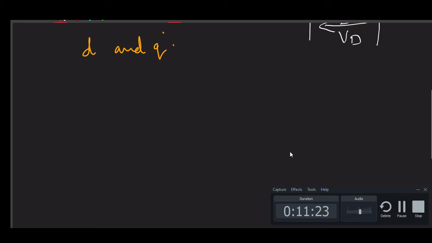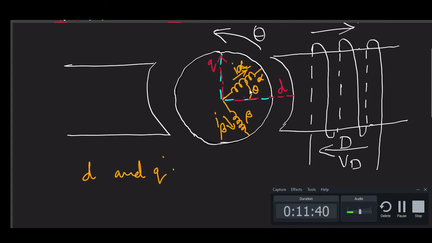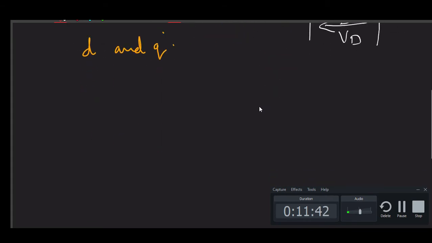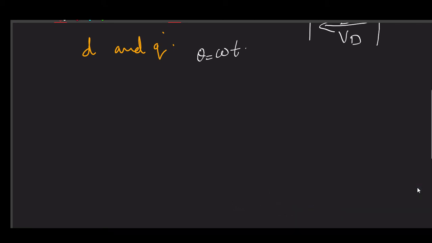Now the instantaneous position of our armature we can describe by theta, which is an angle at a time t. So if your angular speed is omega, you can write theta is equal to omega t, right?